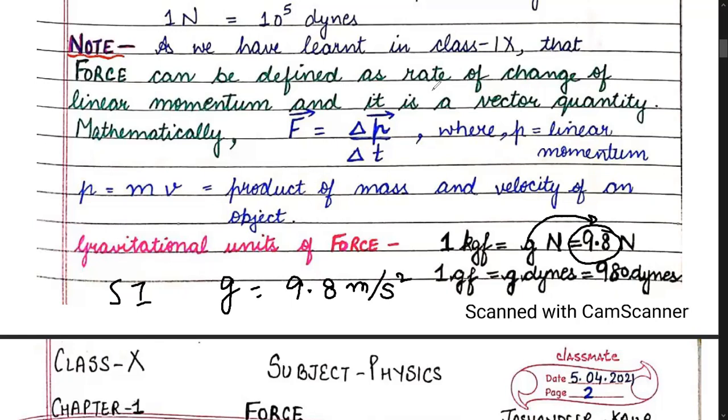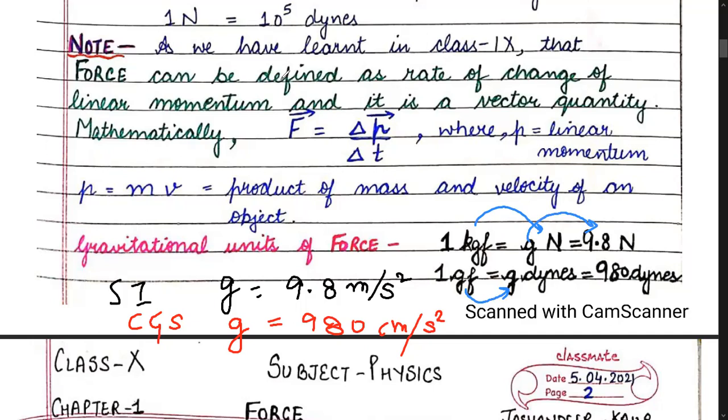But children, if we write in CGS unit, the value of g will be 980 centimeter per second square. So 1 kgf is equal to g newtons, and here g will be taken as 9.8 newton, and 1 gram force is equal to g dynes.